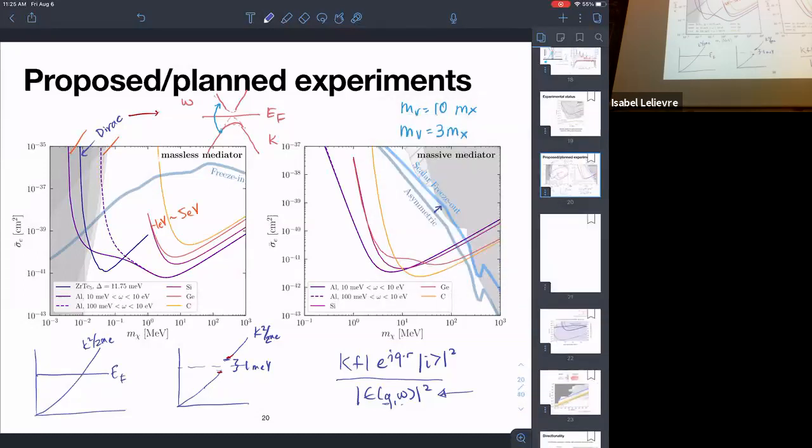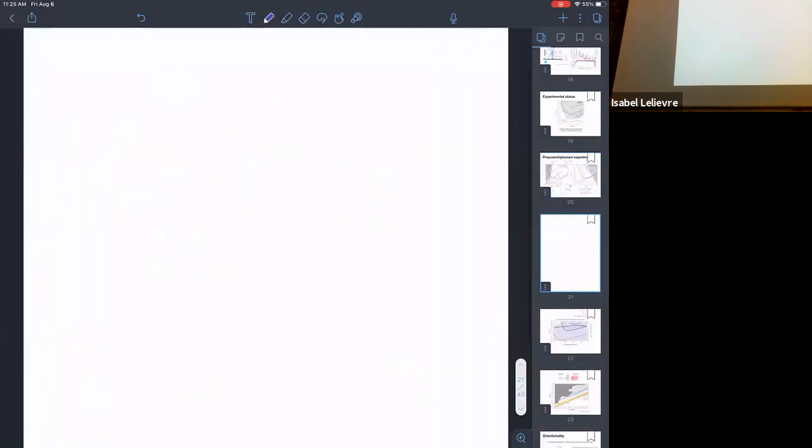Just to sketch something. For the phonon excitations, for instance, I have a lattice of nuclei, and when the dark matter comes in, it's exciting a collective excitation, meaning these phonons are all moving together.